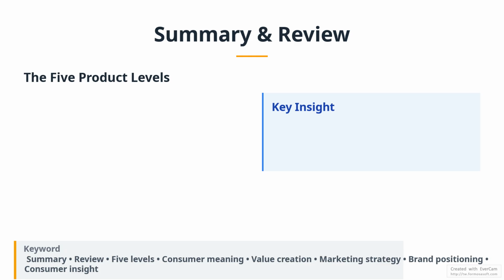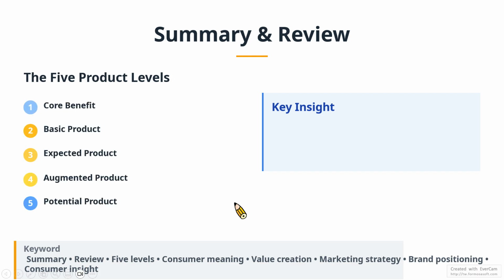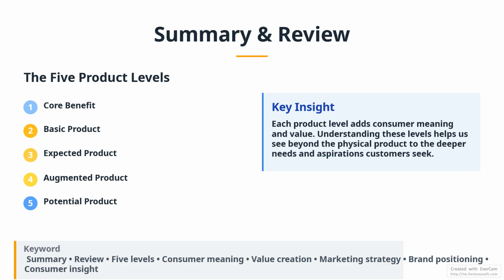Let's quickly review the key points. The 5 product labels are called core benefit, basic, expected, augmented, and potential product. So each label adds new meaning and value for the consumer.